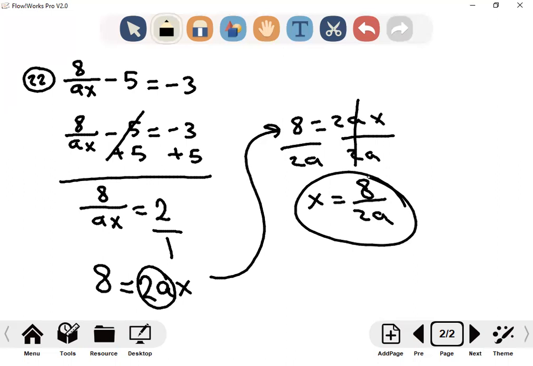Got it? 22: 8 with 2, how much? You can divide by 2 here, and here it will be 4 over a. Simplest form, sure. 4 over a, done?